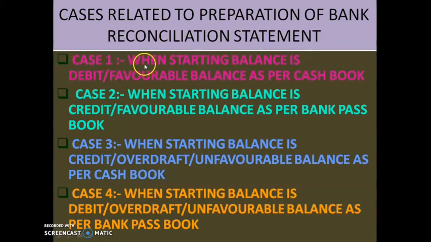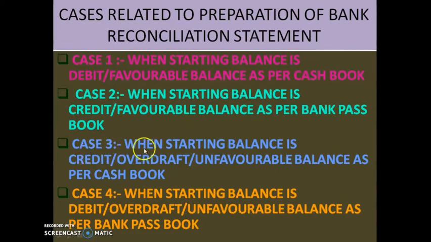First case is when the starting balance is given as favorable or debit balance as per cash book. Case 2 is when starting balance is favorable credit balance as per bank passbook.